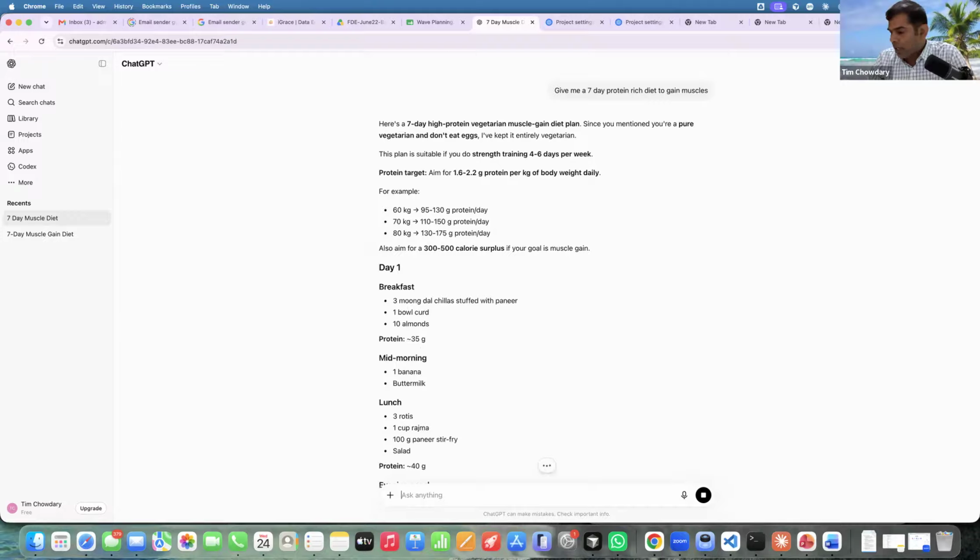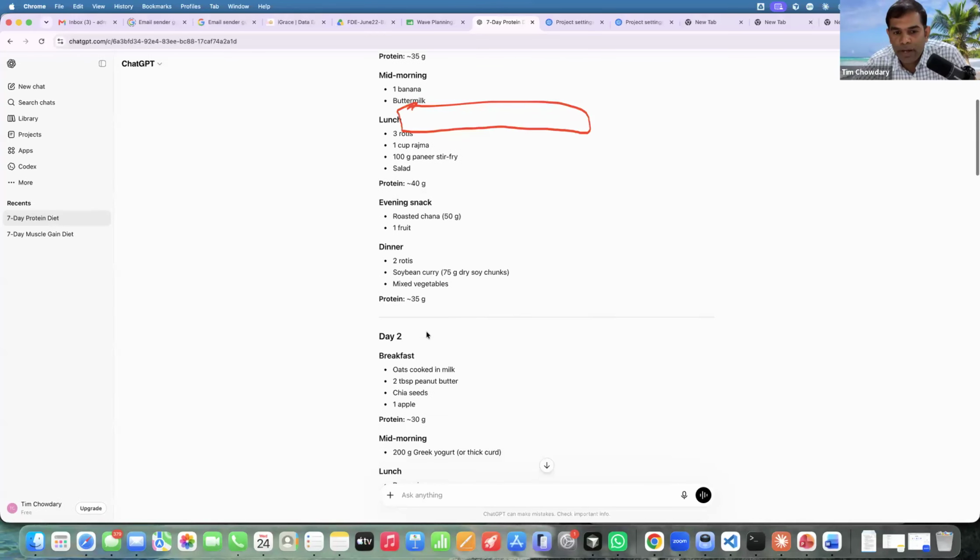You see the highlighted one here? I'm not specifying anything here, whether I'm a vegetarian or non-vegetarian. It understood based on the configurations which I have configured in my account, and based on that, it is giving me a pure vegetarian diet.